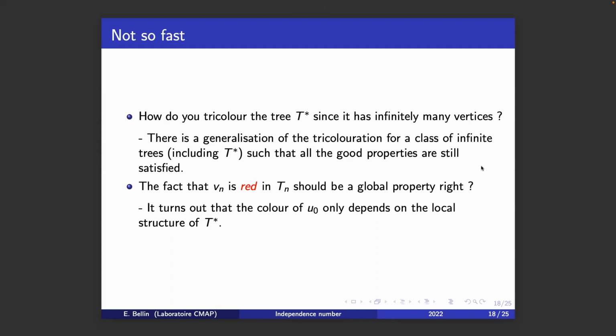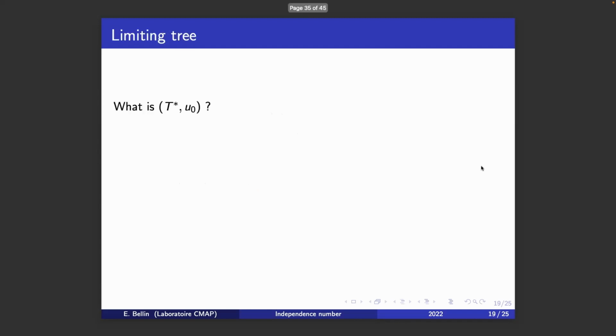It means that almost surely you have a finite ball where, if you know what happens in the finite ball, you know the color of u0 no matter what's happening outside.